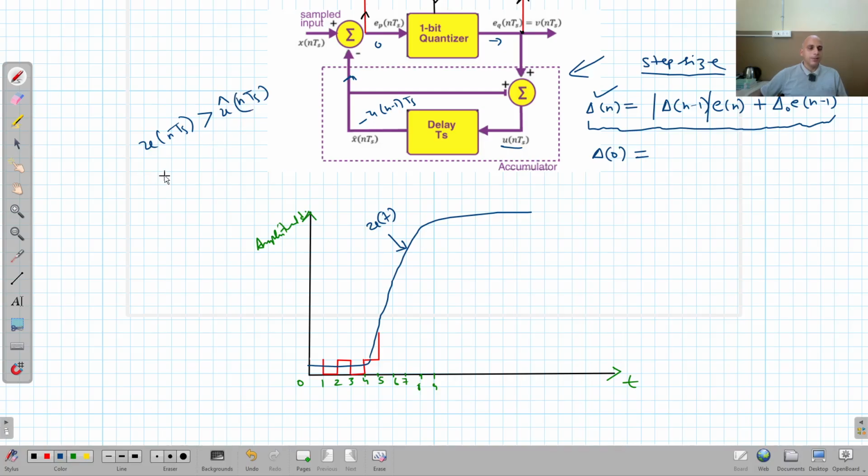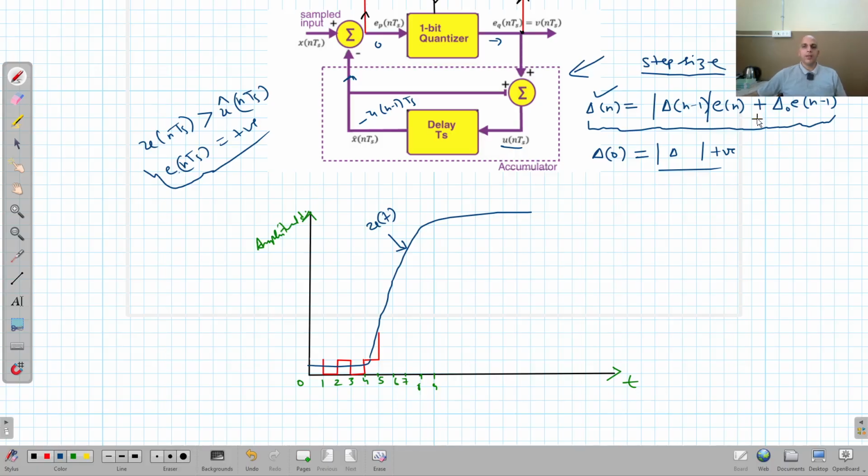So what does it mean? The error signal e n t s is positive. We have seen in delta modulation that here e n will be positive. And this is a modulus, delta n is 0, so minus 1 means it is the modulus of delta and it is positive.